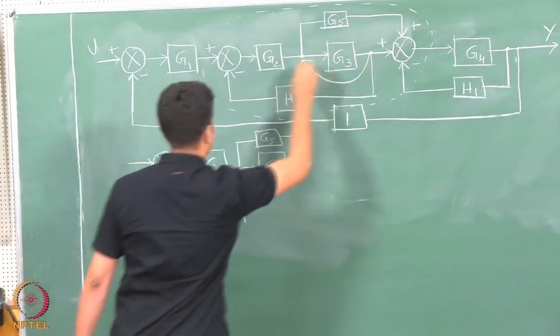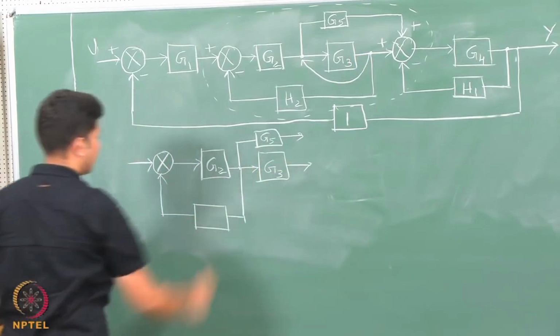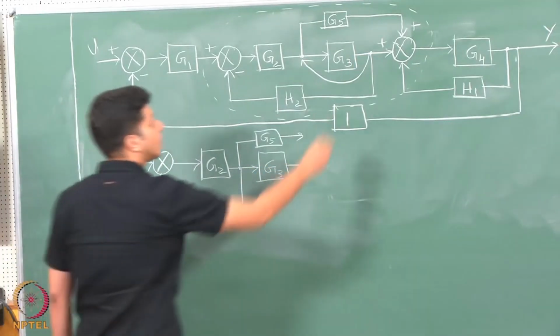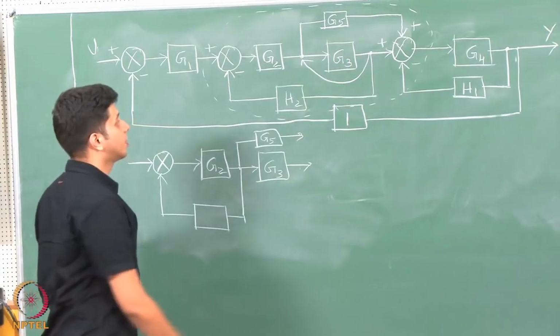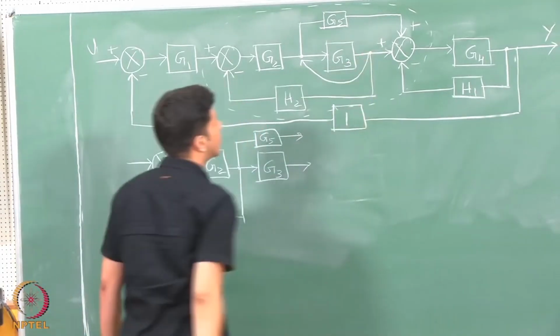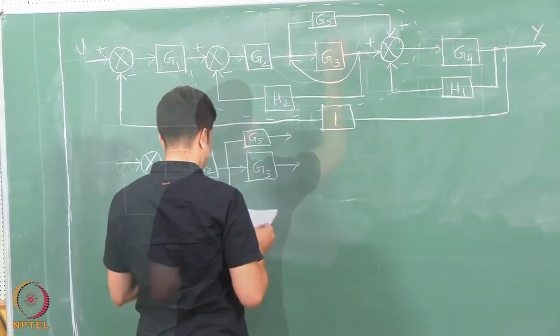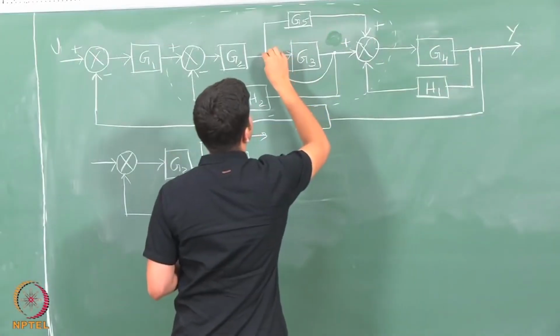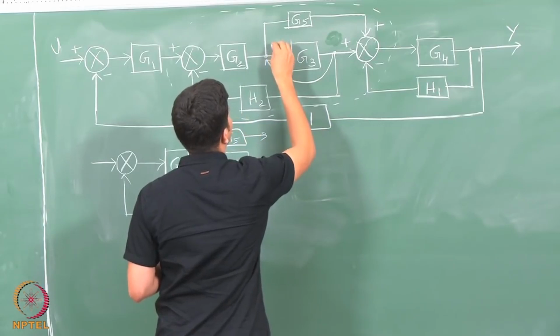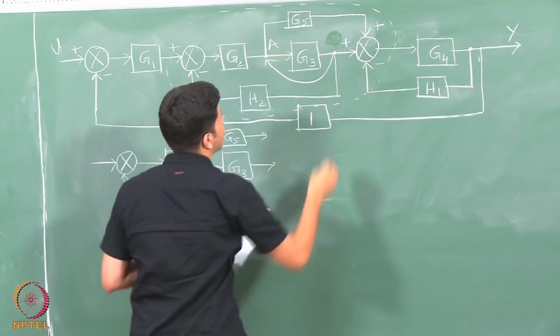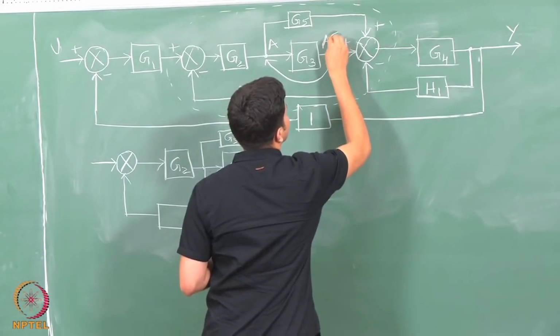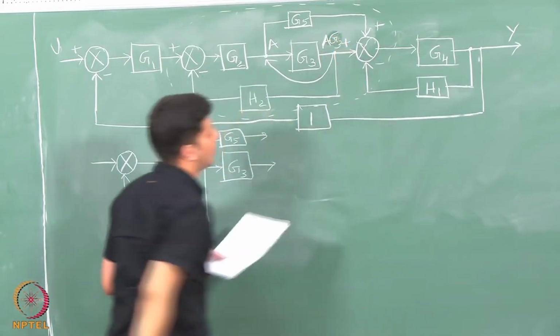So once I shift that, the point comes here, but for shifting that there is something which we need to compensate. If you look here, what is the signal that is coming out? If I call the signal at this point A, so the signal here will be A times G3.